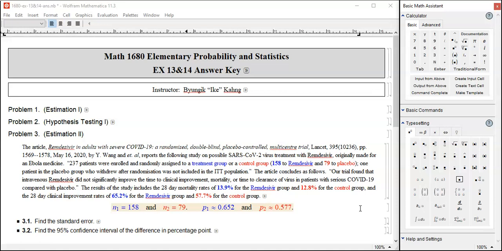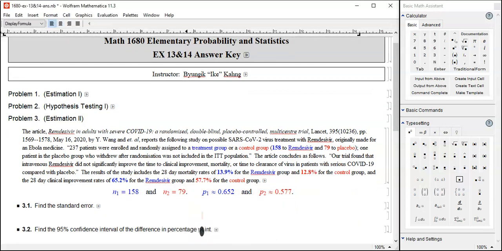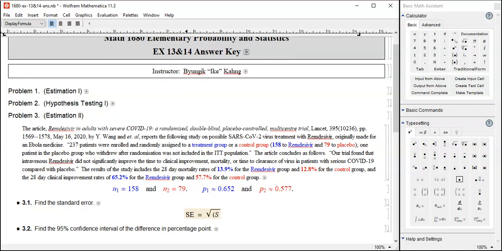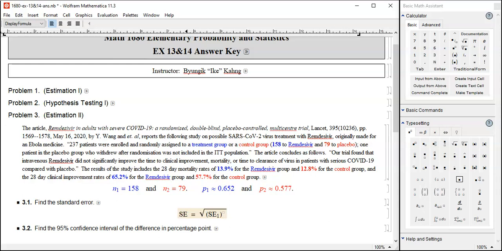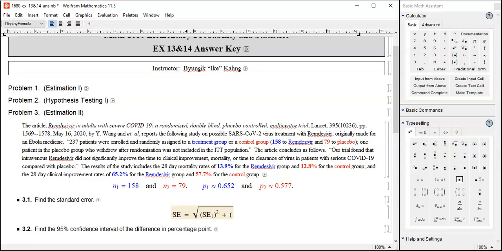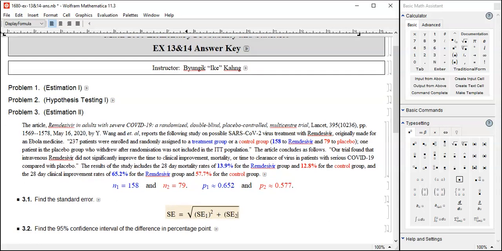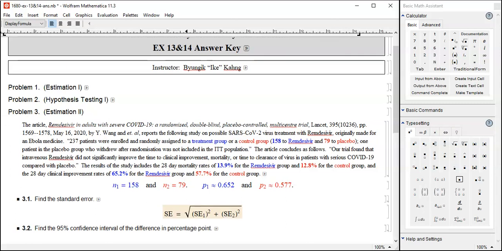Using these, can you find the standard error? Square root of SE1 squared plus SE2 squared. Can you find it out?